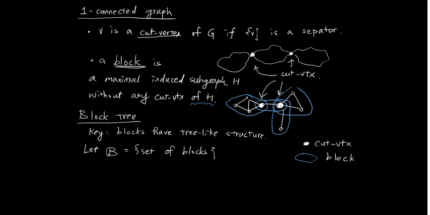So, for example, we have 4 blocks. B1 is the left-hand side, B2 is the middle part, B3 is the vertical one, and B4 is the triangle part. It is a bit small, sorry. If you cannot read it clearly, let me know.